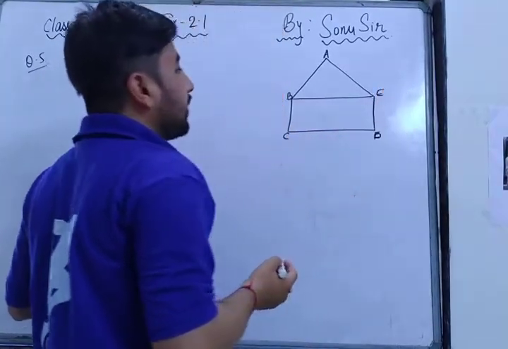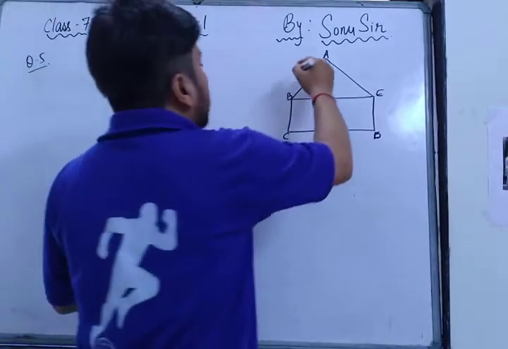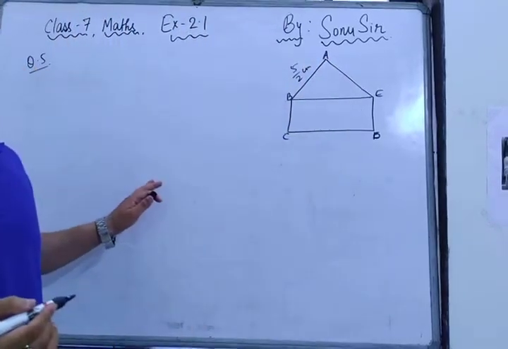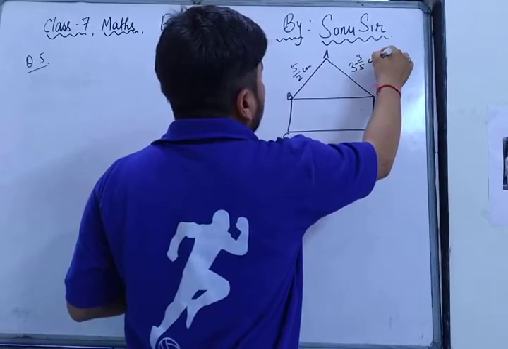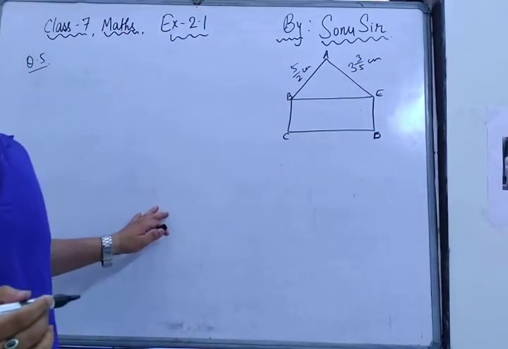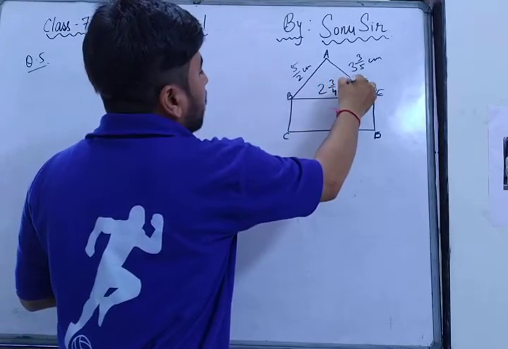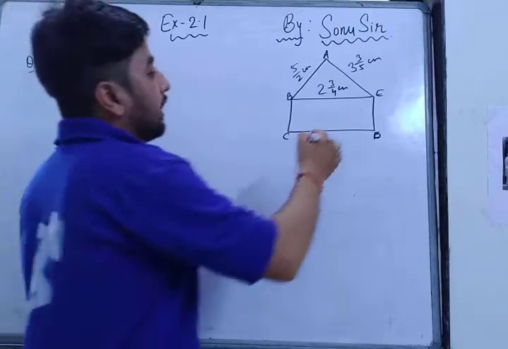So ABE is a triangle whose sides are: first side AB is 5 by 2 centimeter, AE is 3 into 3 by 5 centimeter, and BE is 2 into 3 by 4 centimeter. Now the breadth is 7 by 6 centimeter.